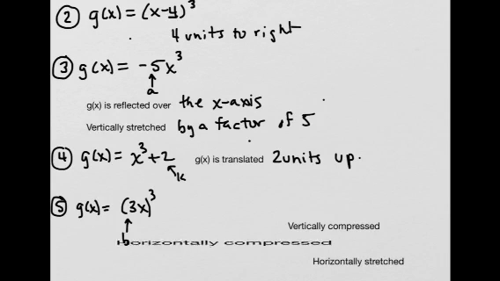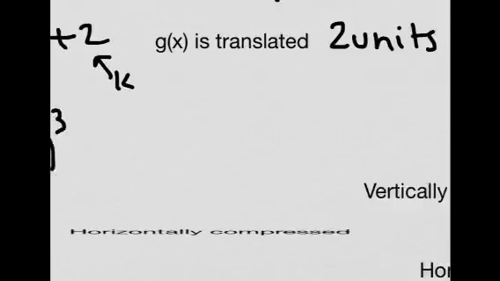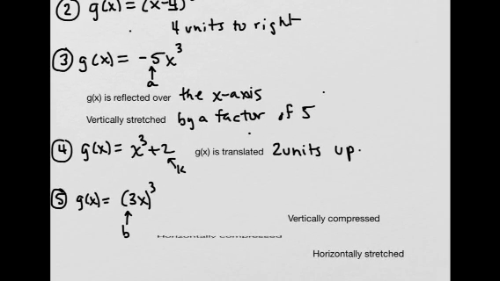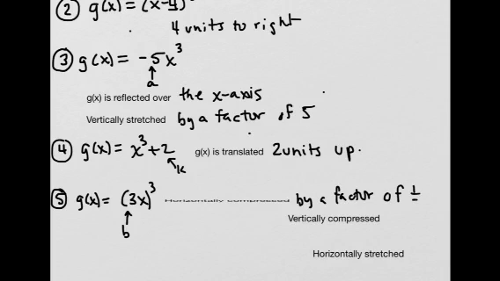Sorry, I really messed this up. Now that's really horizontal, right? Horizontally compressed by a factor of 1/3, because we do 1 over b.